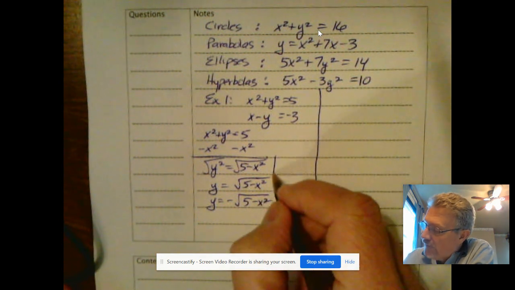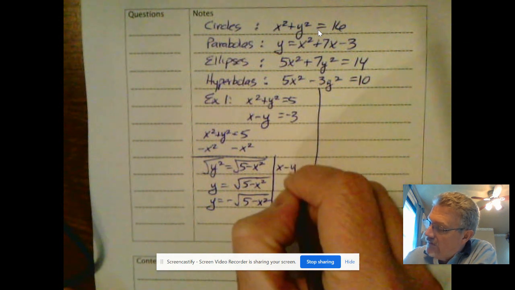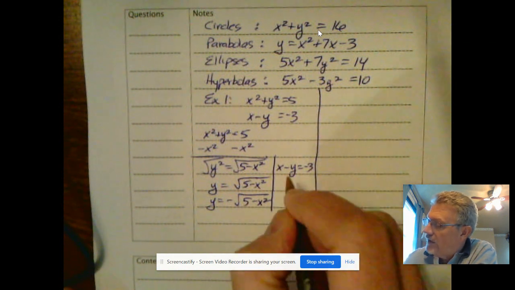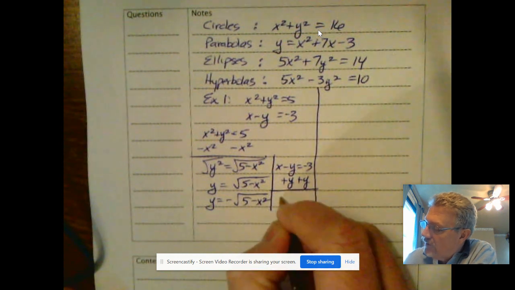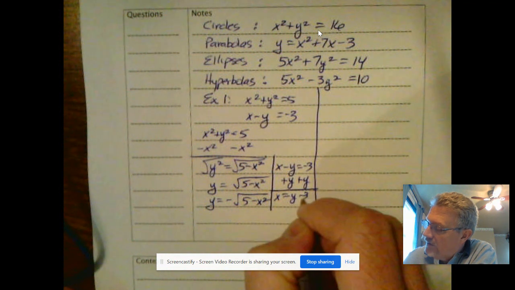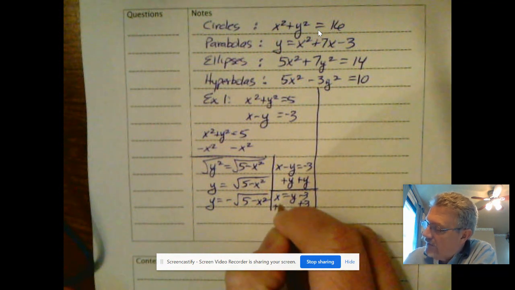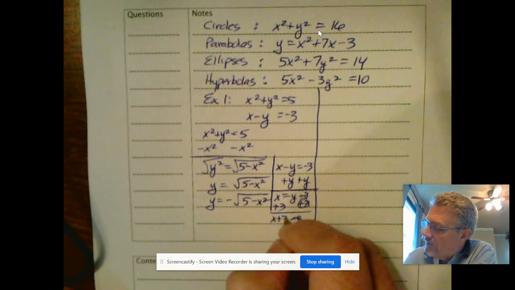For the line, we have x minus y equals negative 3. So we're going to add y to both sides: x equals y minus 3, add 3, and y equals x plus 3.